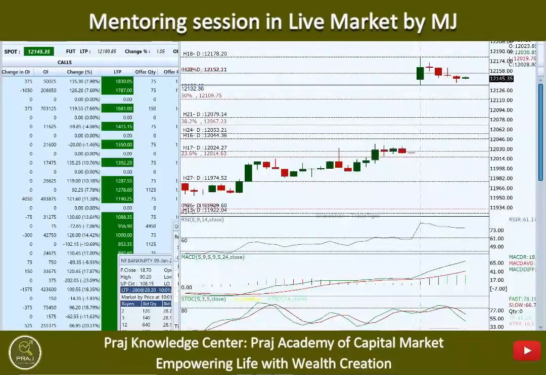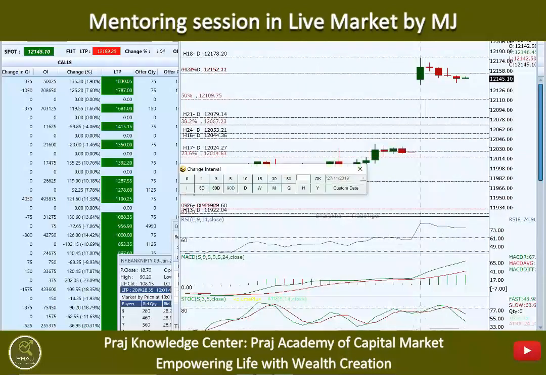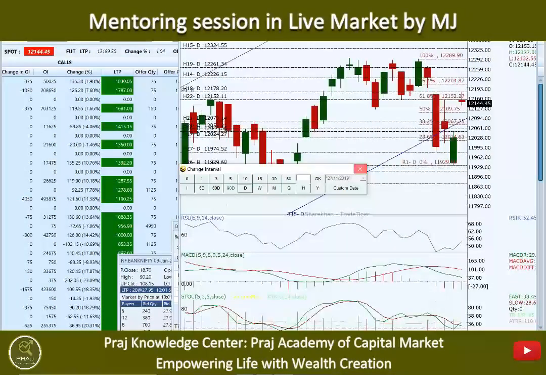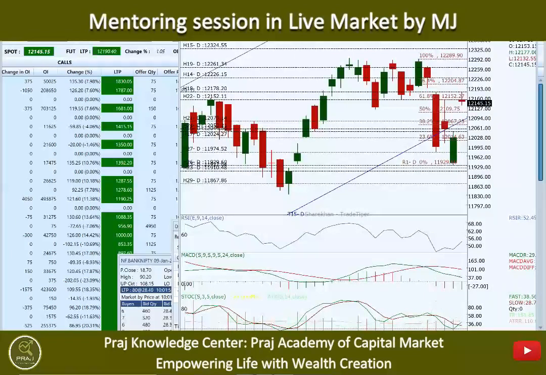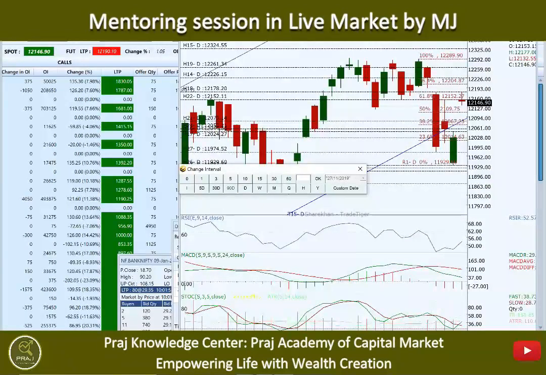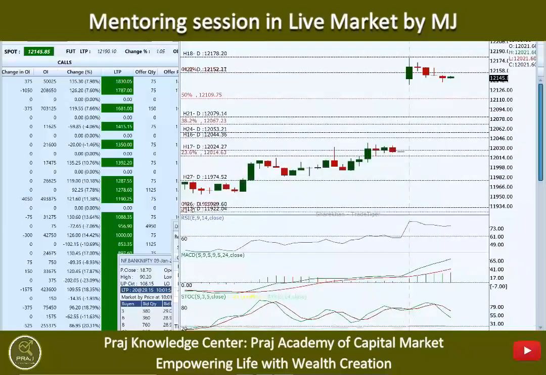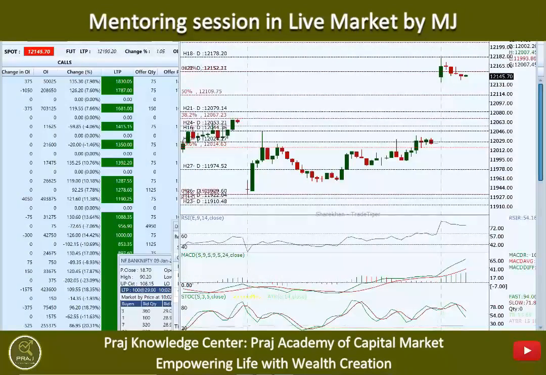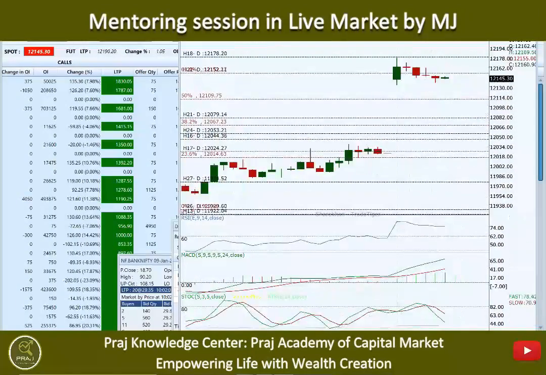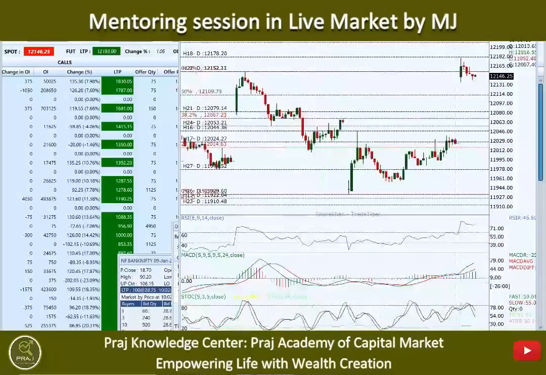That means we're talking about a 46 point move over 110, so we're talking about 40% of the ATR getting consumed within the 10-minute candlestick. That's the opening range candle. So obviously the move after that is going to be consolidating. So not much of a trade at the moment.